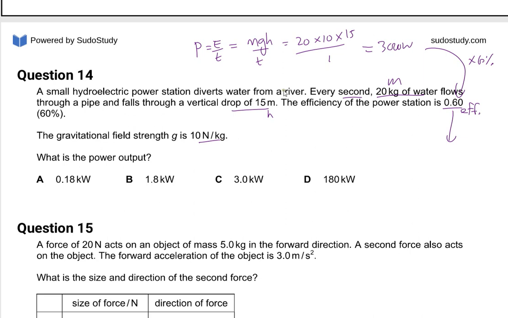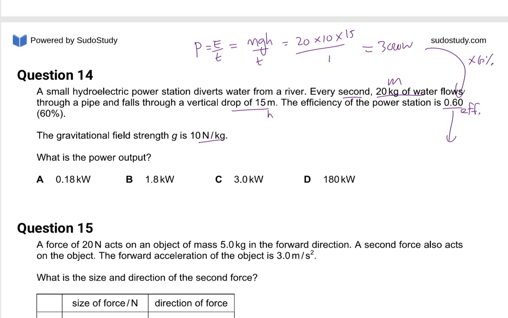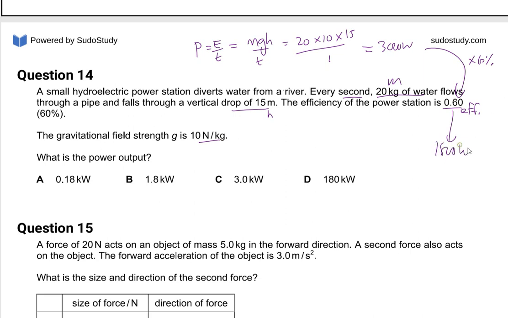Oops, that's not the right one. So power will be 1800 in this particular case, and the answer is going to be in kilowatts. Therefore, it's going to be 1.8 kilowatts. So the answer is going to be B in this case. Again, if you've got this wrong, make sure that you do fix it.